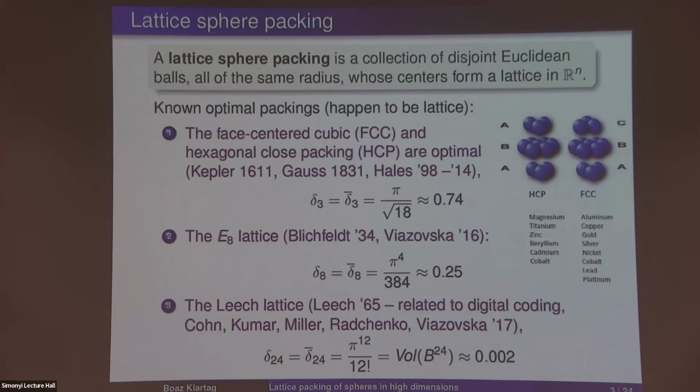One nice thing is that there are many materials in nature where the atoms are arranged according to one of these lattices, the FCC and the HCP. Many materials choose one of them as a way to arrange the atoms, but there is a material called cobalt which actually chooses both of them. So how does it work?